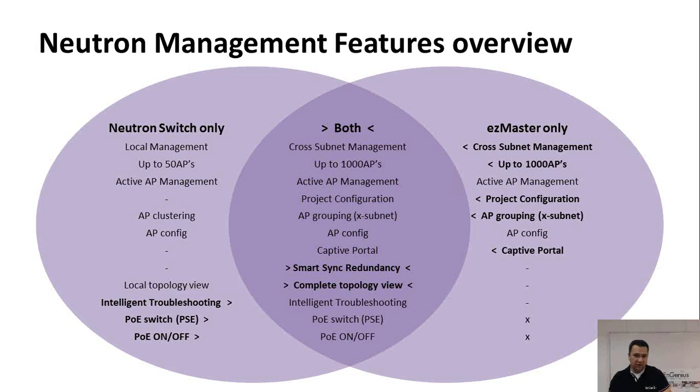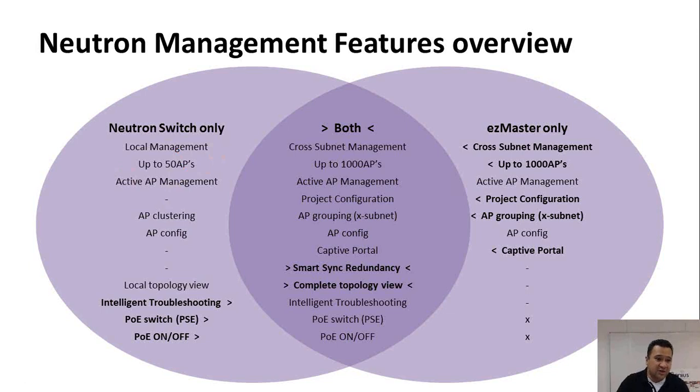So if you look at this overview here, in the left part, I have up to now the EasyMaster, the Neutron using only the switch, which has a local management and the management capability to manage up to 50 access points.